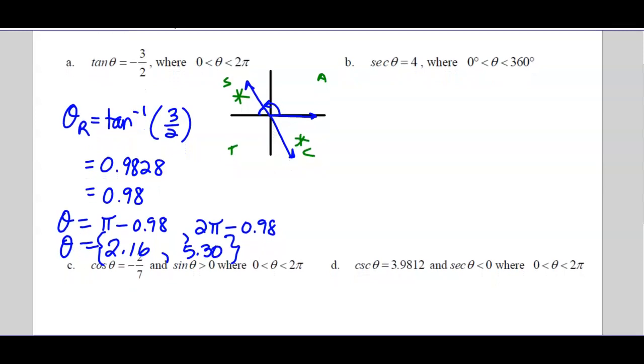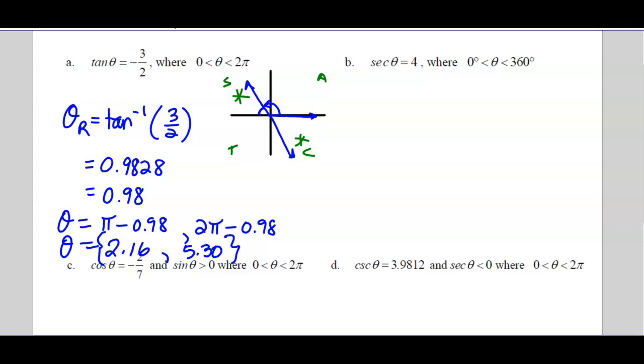Sometimes, for example, tan of 90 degrees. I mean, these are finding the angle, so we're not really going to have to worry about that yet. If tangent of theta equals undefined, then you know it's 90.